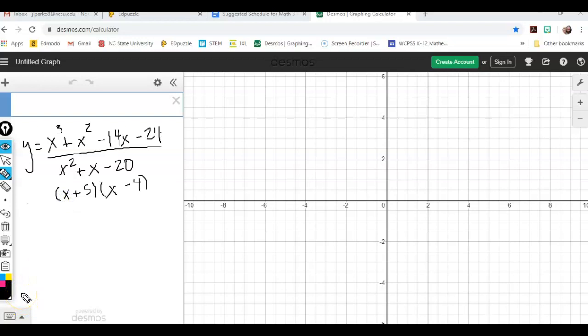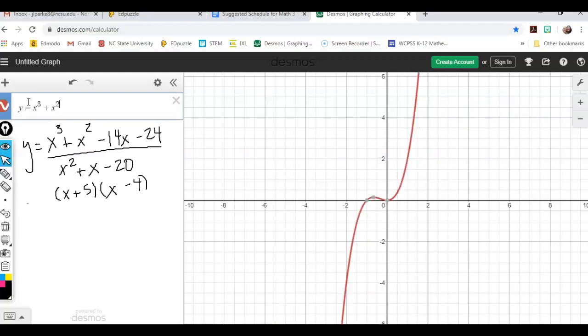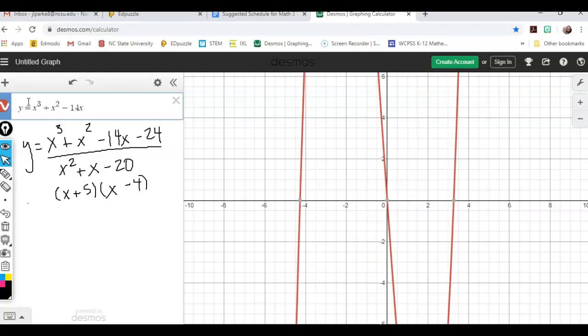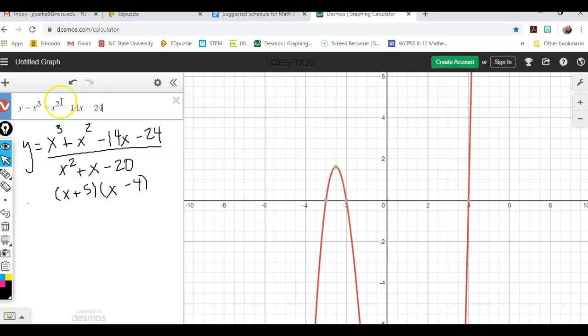Now up here on the top, we have a cubed polynomial. And if you remember from our polynomial unit, if we can find the x-intercepts, those are factors. So that is kind of my go-to factoring method. So if I type in just this top polynomial, x cubed plus x squared minus 14x minus 24, I'm looking for these x-intercepts, and it looks like I have x-intercepts at negative 3, 0, negative 2, 0, and 4, 0.